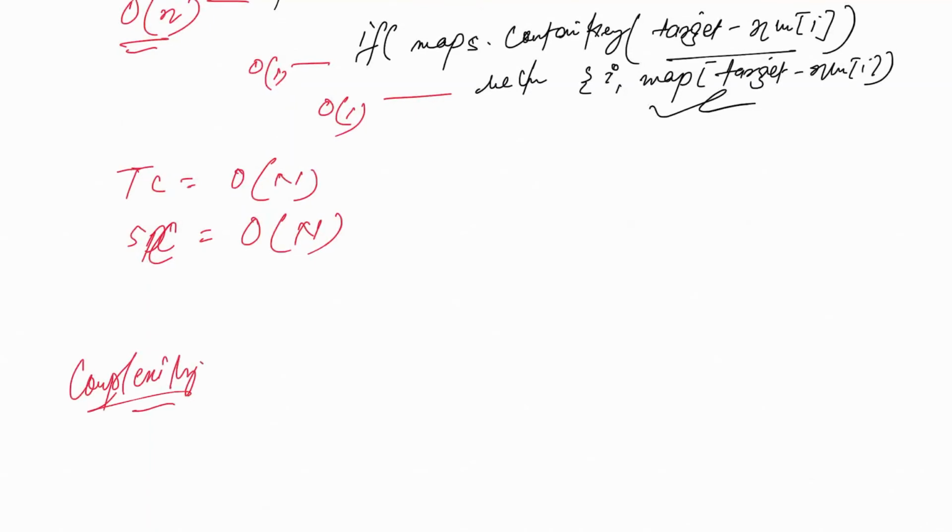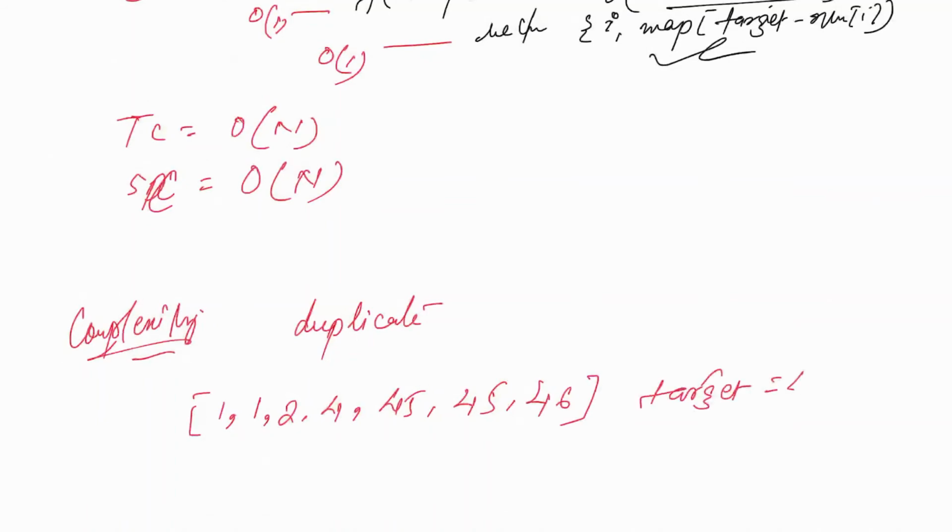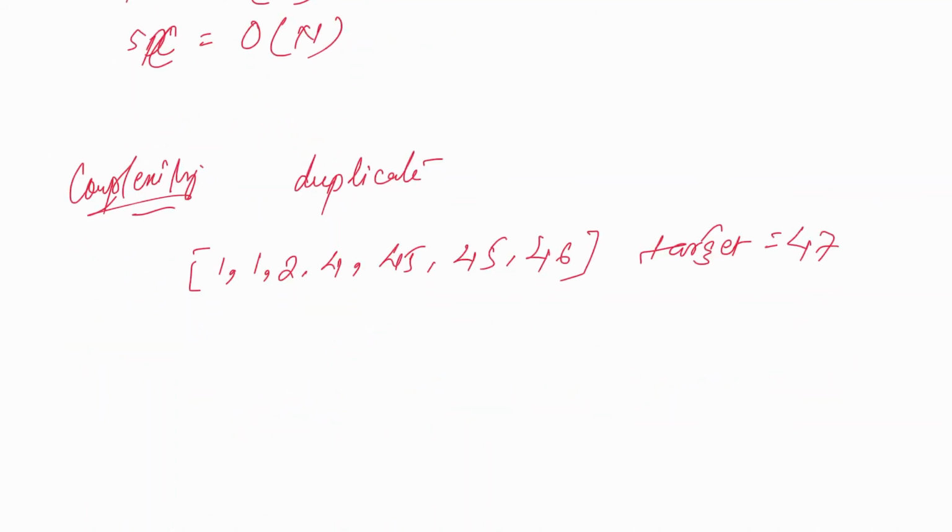The array may contain duplicate items. For example, if you are given 1 1 2 4 45 45 and 46 and the target is 47, how many combinations are going to happen here?